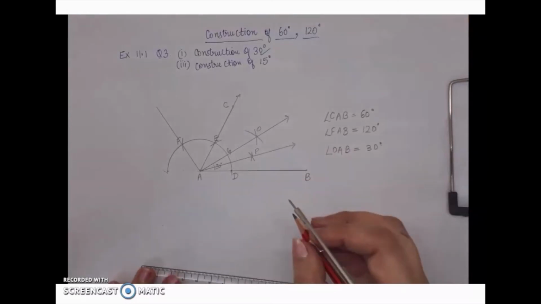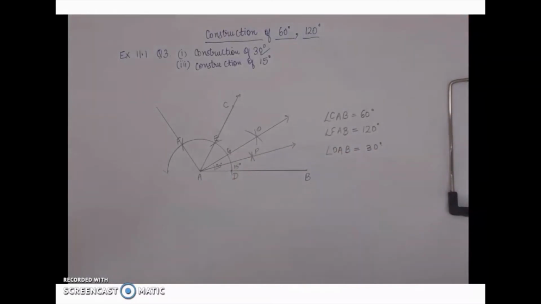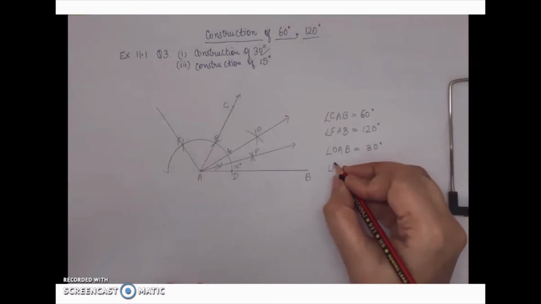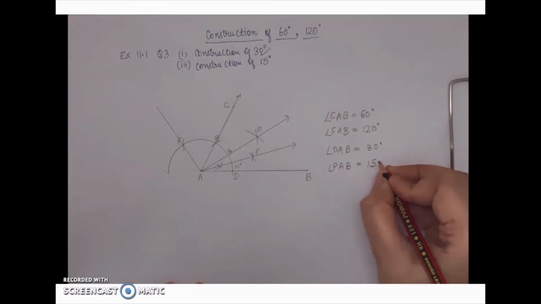So this AP is the angle bisector for angle OAB and that is 15. Angle PAB is equal to 15 degree.